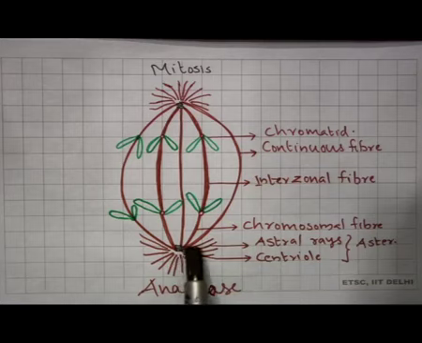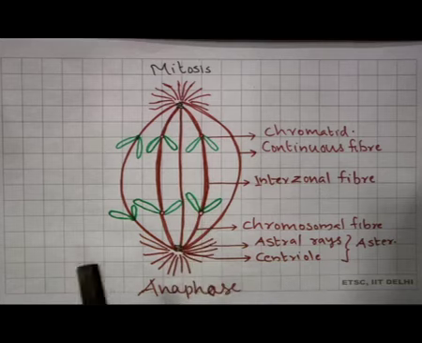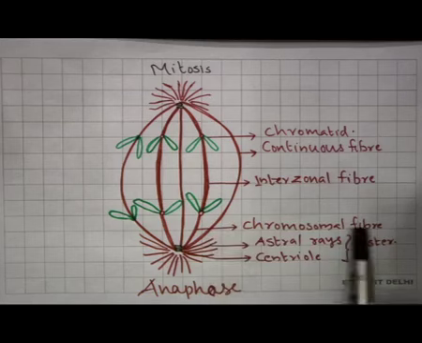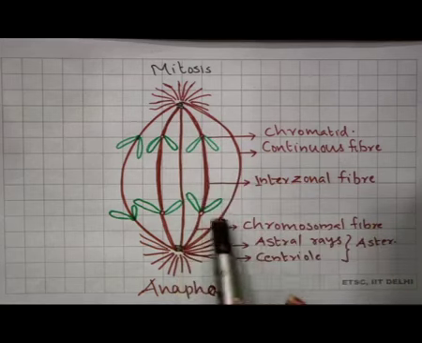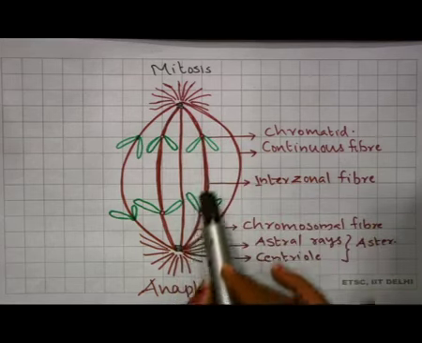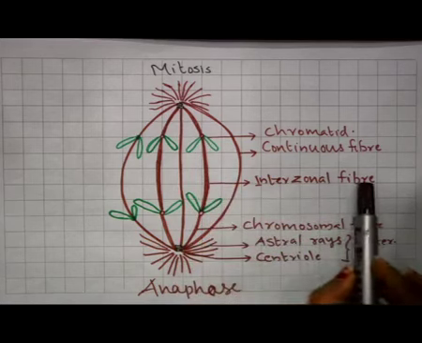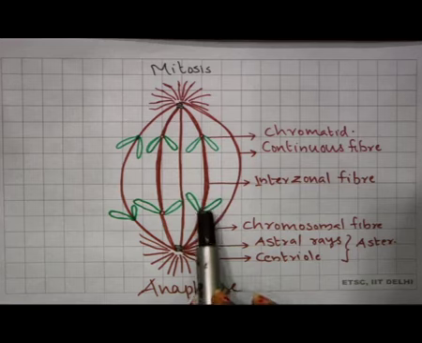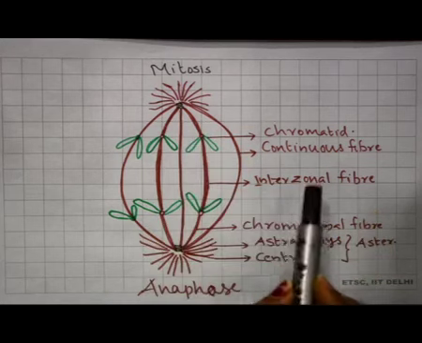Such spindle fibers that attach to the centromere of the chromosome are known as chromosomal fibers. Here also you can see the chromosomal fiber, and in between these two there is yet another one, the interzonal fiber. It will link the centromere of one chromosome with the centromere of the other chromosome.